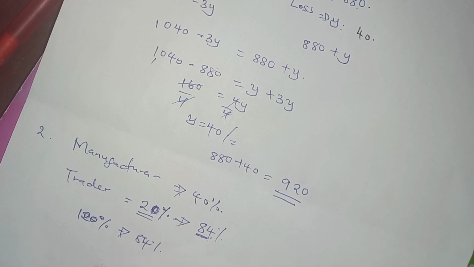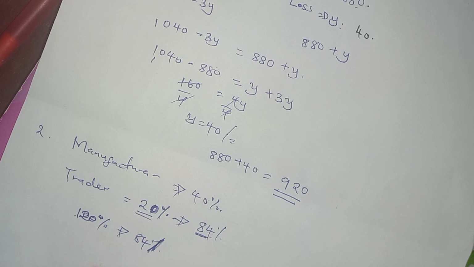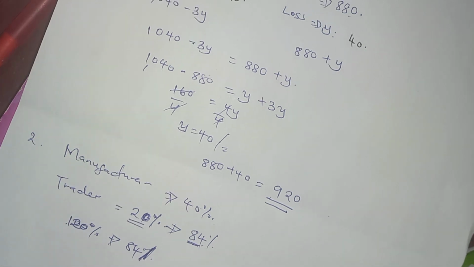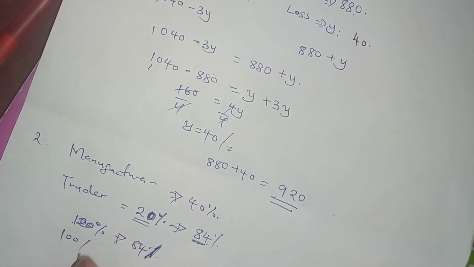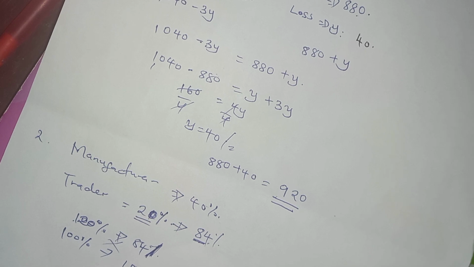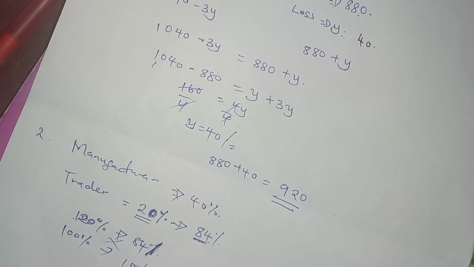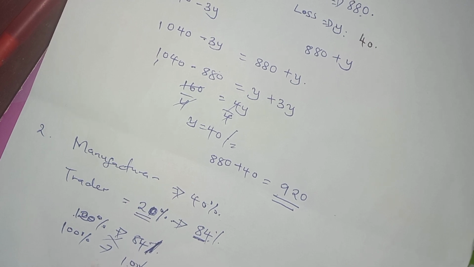If we want to get the buying price of the trader, we'll look at what 100% represents. We'll cross multiply 100 times 84 divided by 120. That way we'll get 840 shillings.